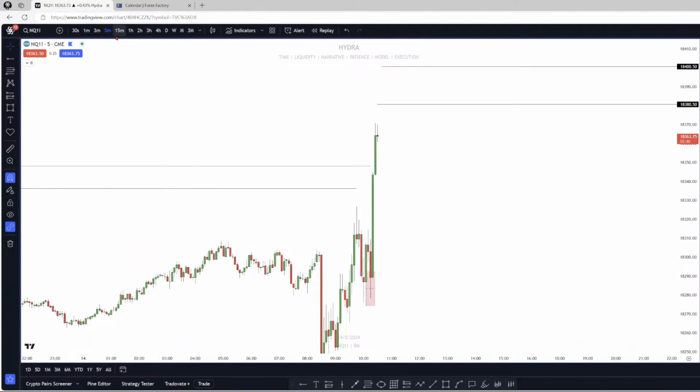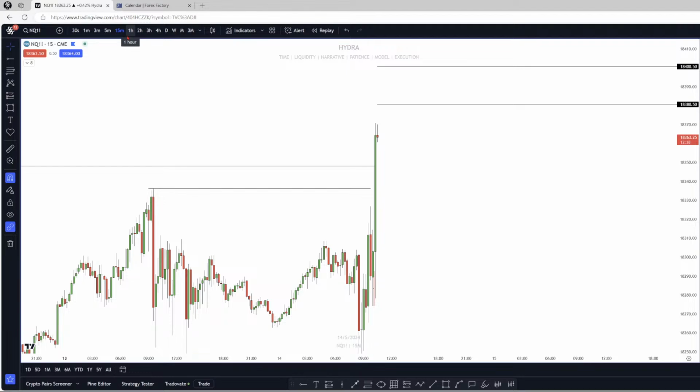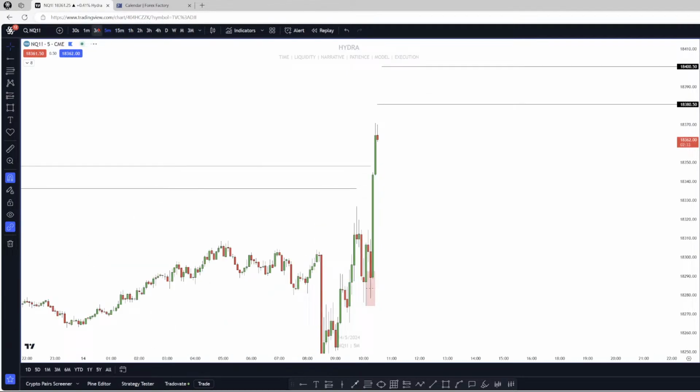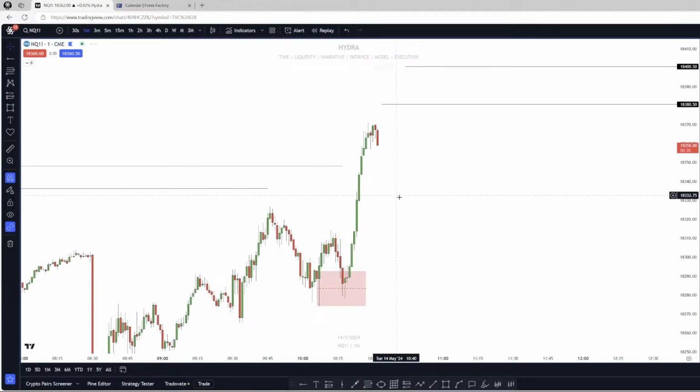Now that we have so many fair value gaps and a new 50-minute candle, we'll have to wait again.